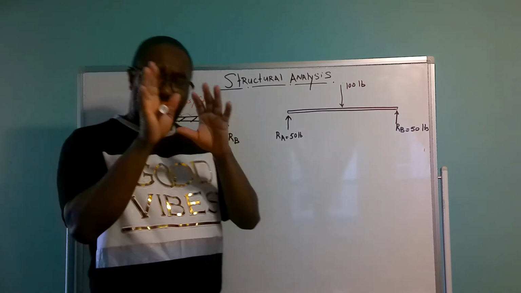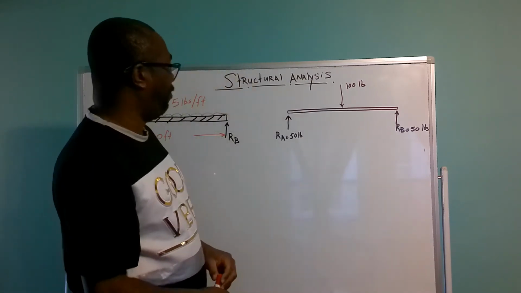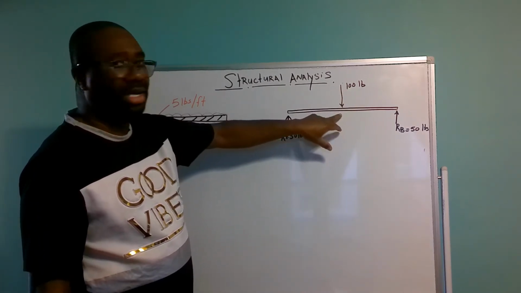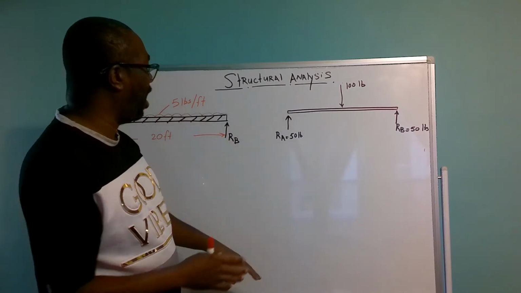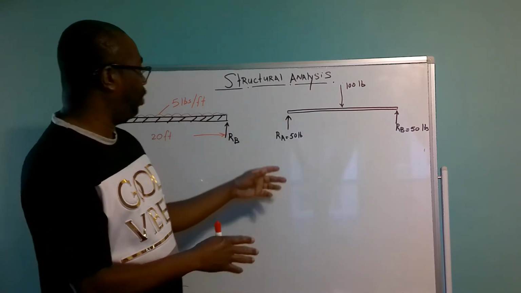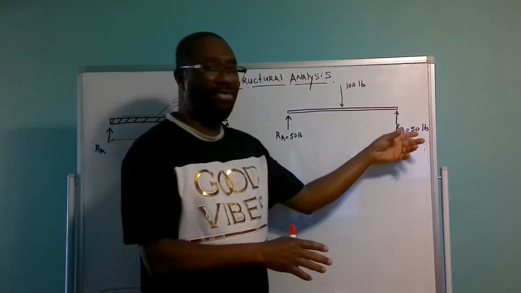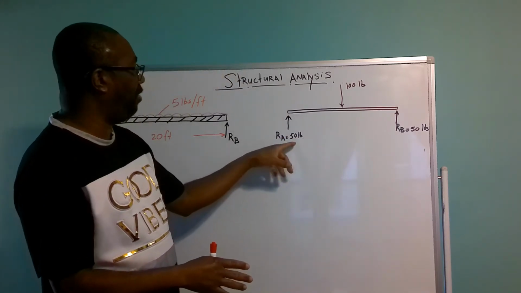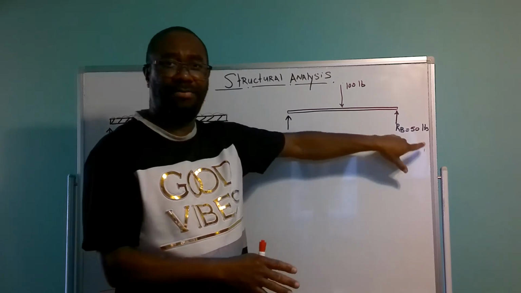As I've shown you again in my previous example, if the load is 100 pounds acting at the center or at midspan on this beam, we have half the load acting on the right and half on the left. So the reaction at RA is going to be 50 pounds, and the reaction at RB is going to be 50 pounds.